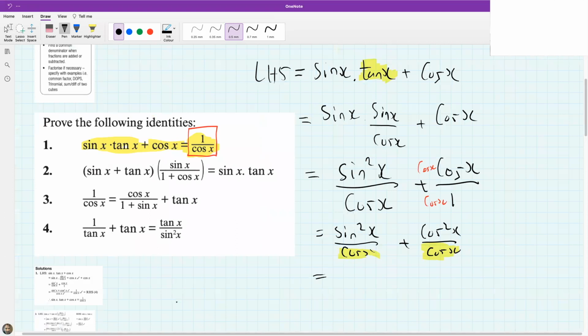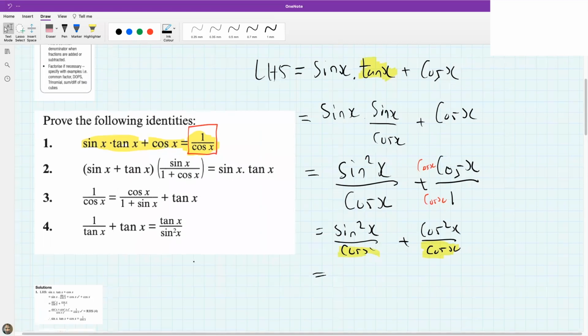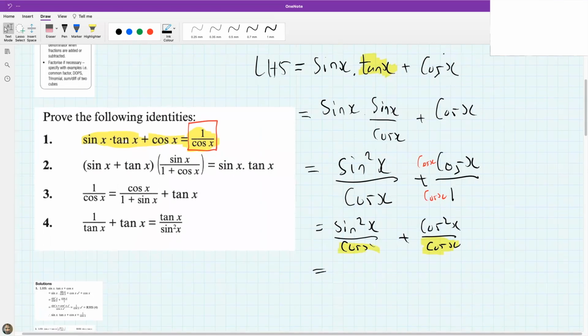Your hand is still up. What do you think? I think we write the terms under one denominator, and as we know that sin squared x plus cos squared x is equal to 1, that's how we get our answer.